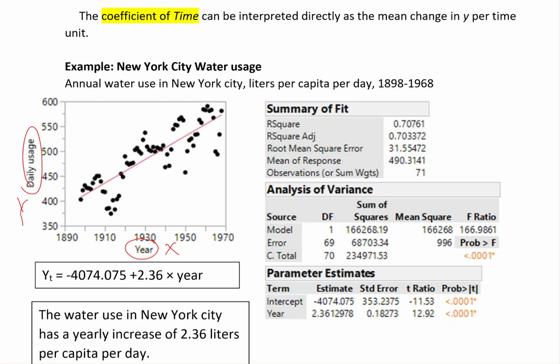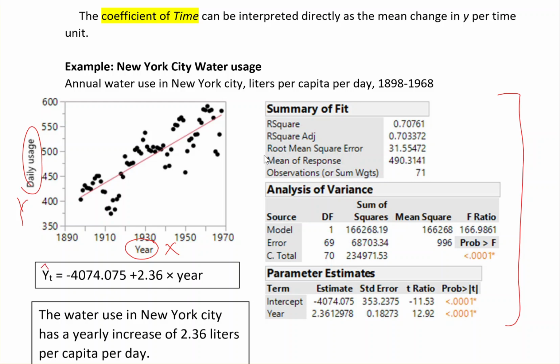You just fit the linear regression based on the year and the response variable y, so you will have exactly the same output as what you learned in simple linear regression. Then based on the parameter estimates, you can get the estimated sample equation. So here should be y_t hat.